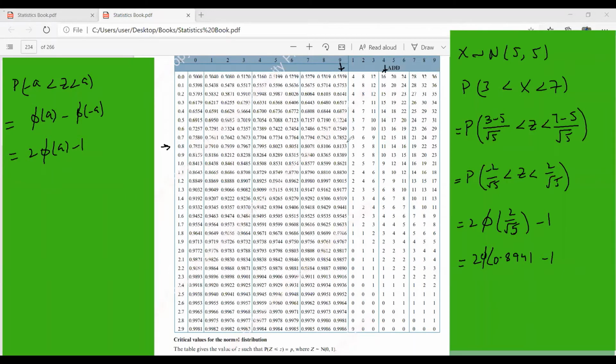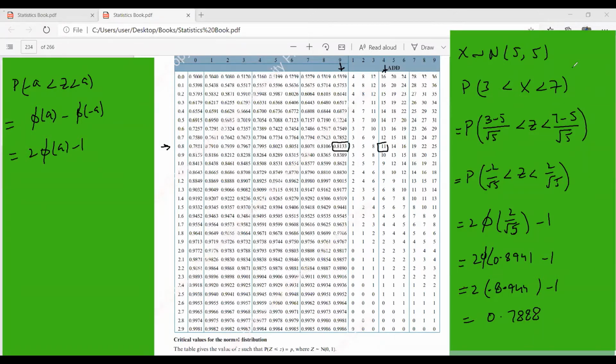This is 0.8944. So 2 into 0.8944 minus 1. This is the probability of something to be between 3 and 7, sorry, this is 0.7888.